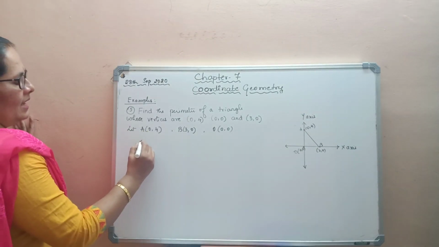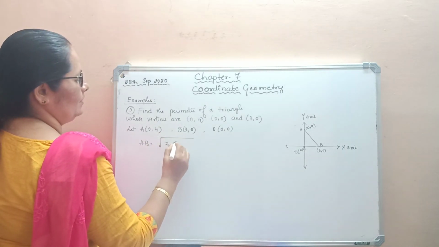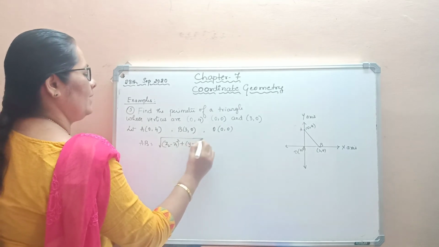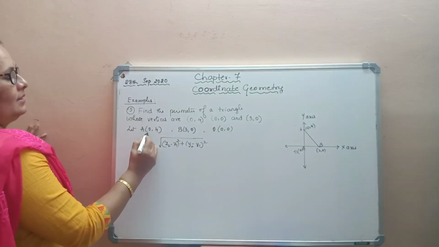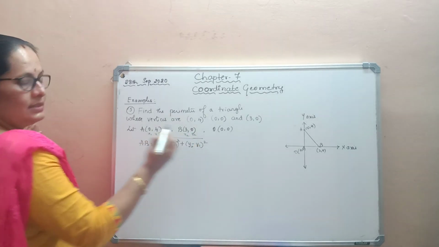Distance AB equals root of (x2 - x1) whole square plus (y2 - y1) whole square. See here, this is x1, this is y1, this is x2 and this one is y2.